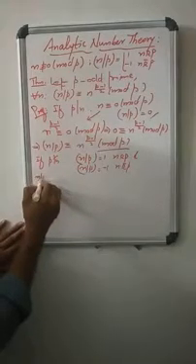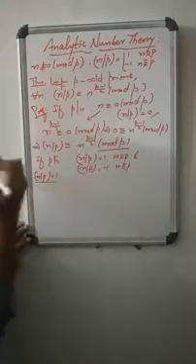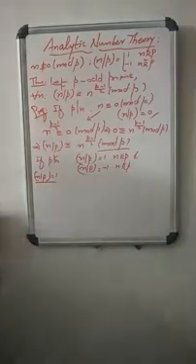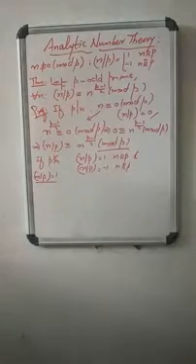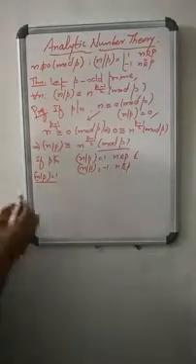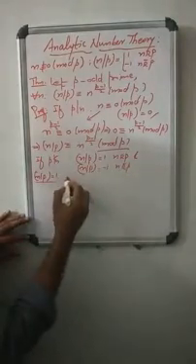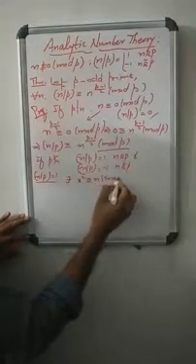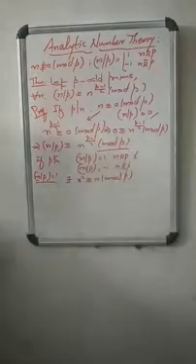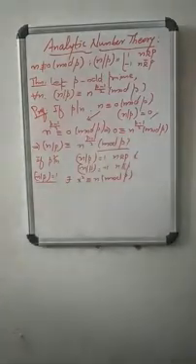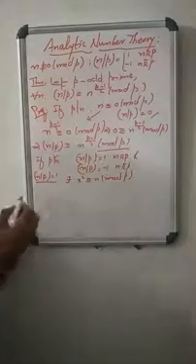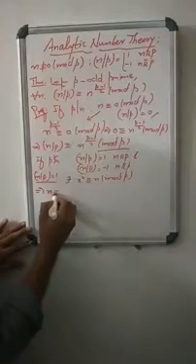In the first case, n is a quadratic residue, so there exists a solution: the congruence x square congruent to n mod p has a solution. Agreed?